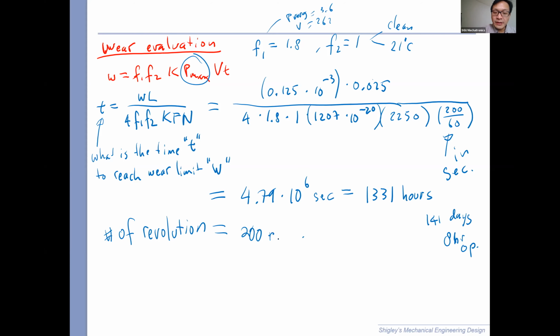Dan 200 RPM. 1331 jam, hours, mesti dikali 60 menit per jam. Or you can just do seconds, 200 divided by 60 kali ini sama aja. Okay? About 16 million revolution.